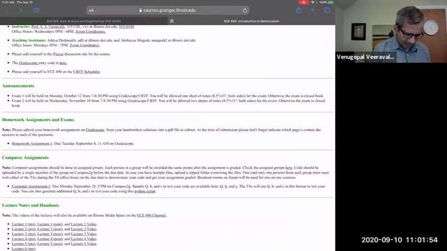So let's get back to that. If you read there, it says that you should upload your Python code on Compass 2G before the due date, which is the 28th of September at 5 p.m. And you have office hours between 5 and 7 p.m., during which one member from your team will demonstrate to one of the TAs that your code works.